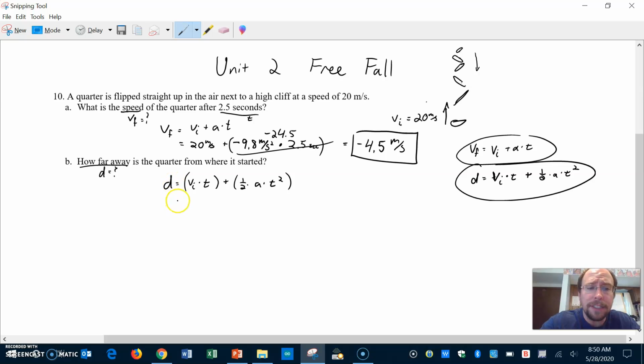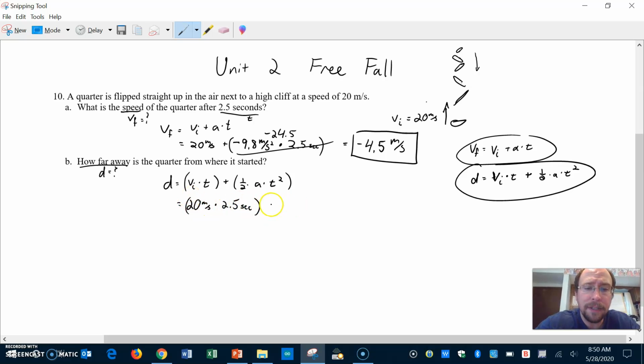So we're solving for the distance. We need to know the initial speed. It still started at 20 meters per second. That's the same thing. Times the time. Well, we're still talking about after 2.5 seconds. So that's the time that goes in.